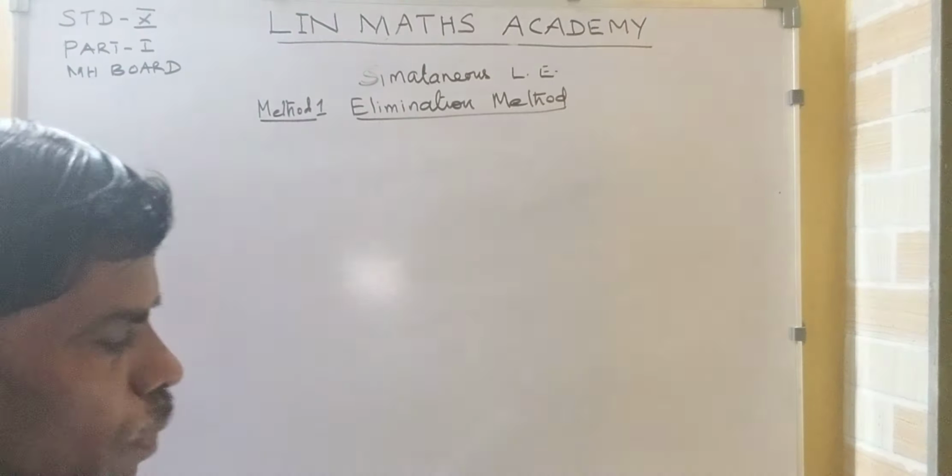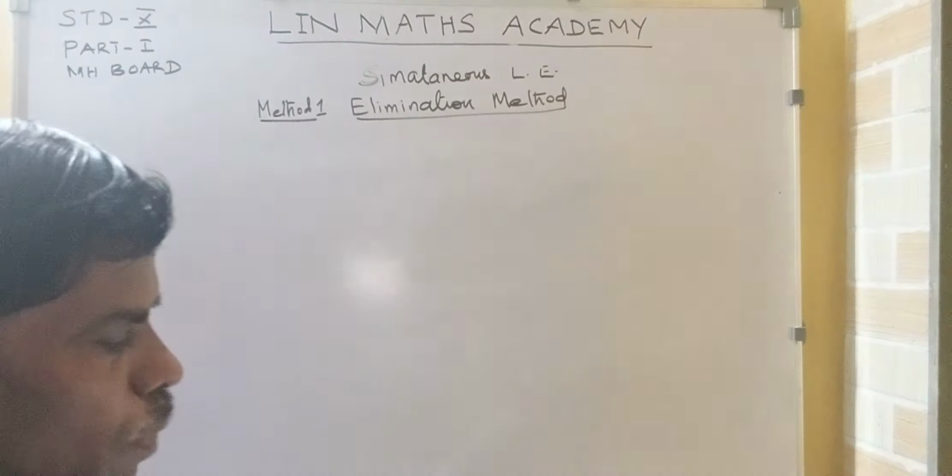Textbook page number 3. Solve 3x plus 2y equal to 29, 5x minus y is equal to 18. This is equation number 1, this is equation number 2.